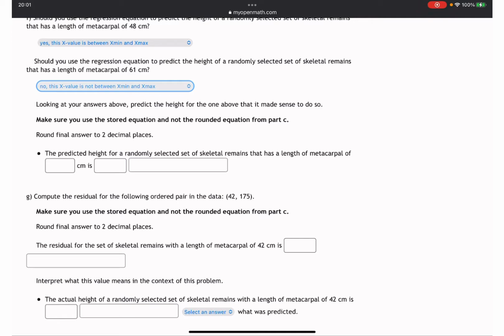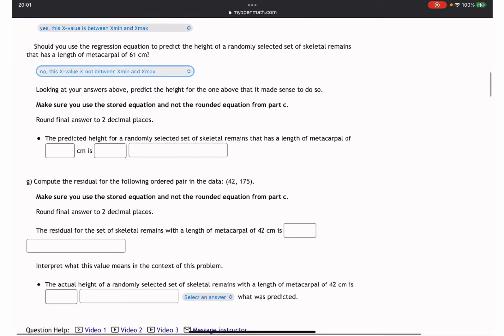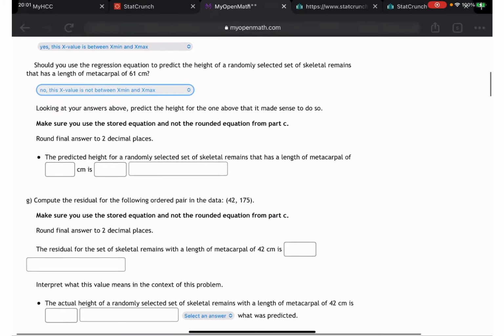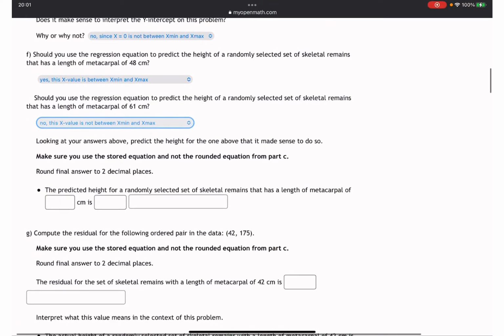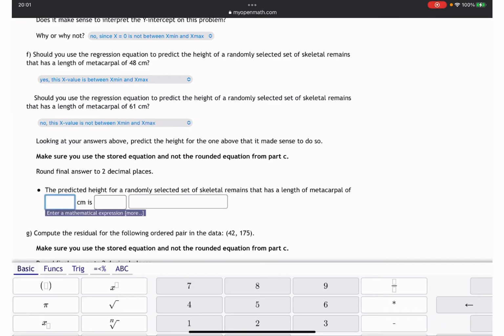All right. So the predicted height for a randomly selected set of skeletal remains that has length of metacarpal. It was given 48, right? We had here that value. Yes, it's between minimum and maximum. So we write down 48 here. So how much is it?